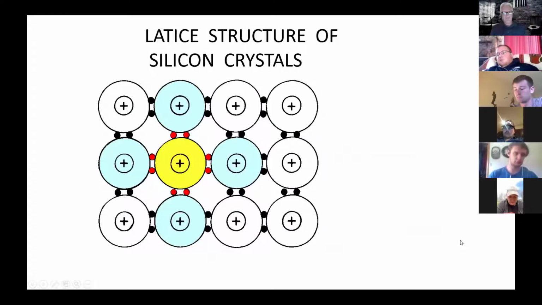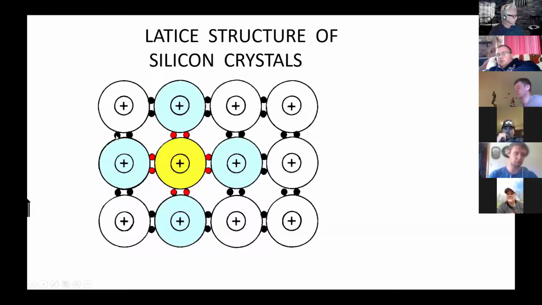If you have a lot of these atoms together, they start to bond. There's this atomic bonding that occurs, and because atoms like to have 8 electrons in their outer shell, they will share the electrons. So here you can see silicons that have 4. Look at this one right here.